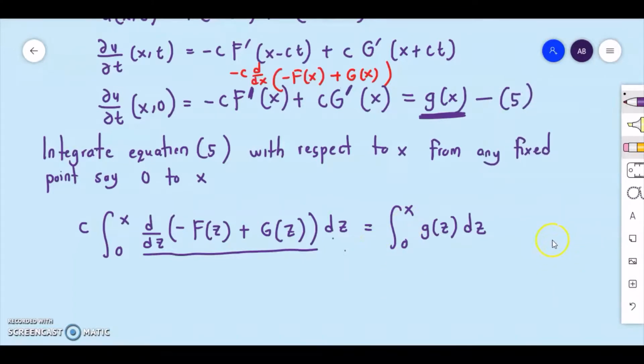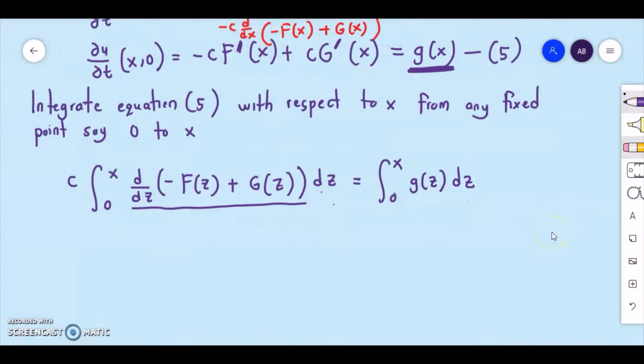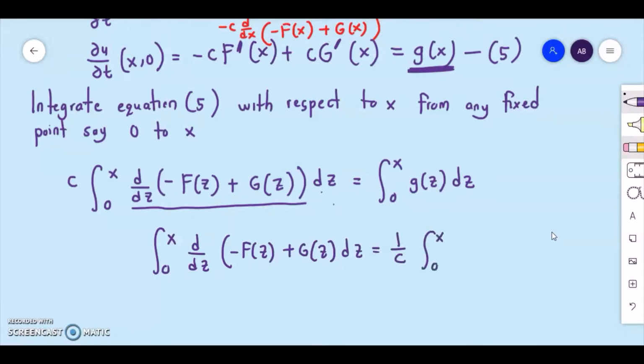Okay, I'm gonna bring the c to my right side, so that will give me integral from 0 to x d over dz of negative fz plus gz equals 1 over c, integrate from 0 to x gz dz.